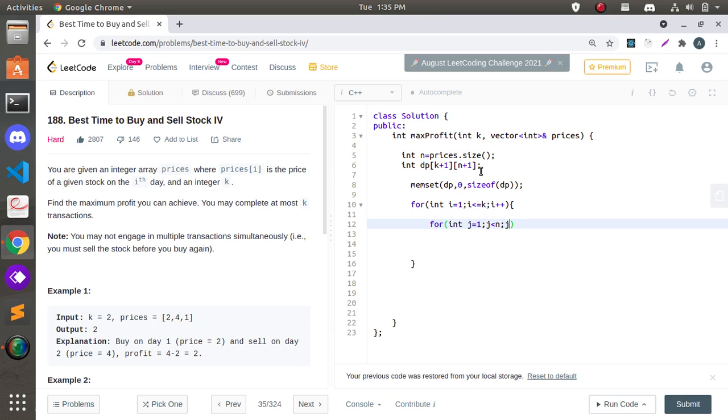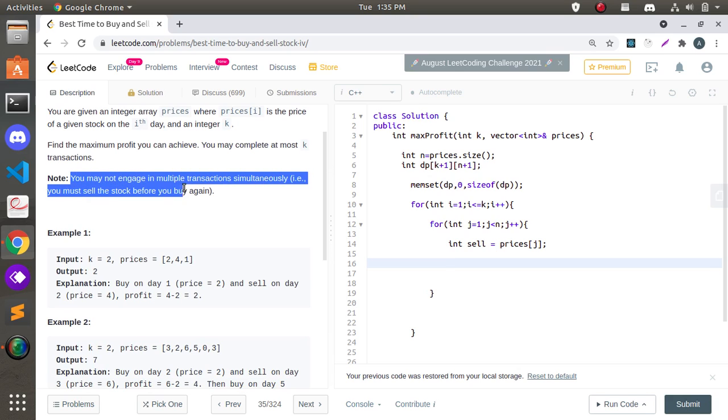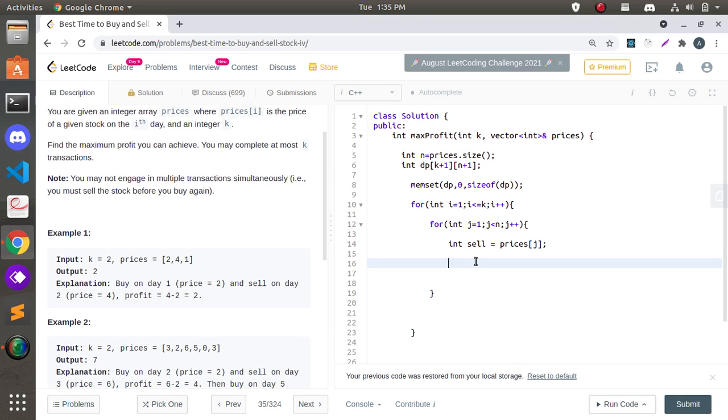At this index we have to sell the product, so we write that we sell at the jth price, and before selling it is given that you have to buy, then you can sell. You can read that in the note: you have to buy first.